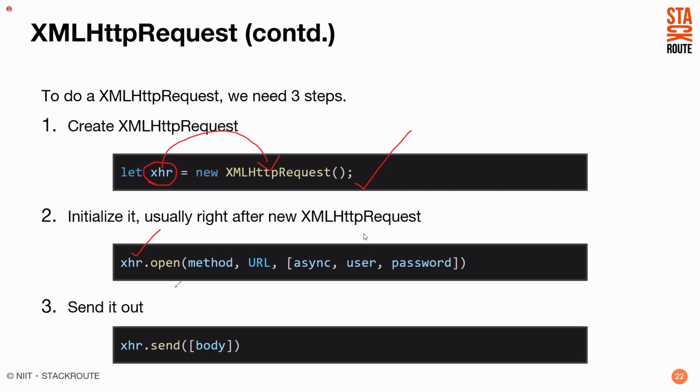As the name implies, open is used to send a call. What type of call? Either HTTP put, post, or get method. We will be specifying. So the open method is used to perform an HTTP call and it takes various parameters.